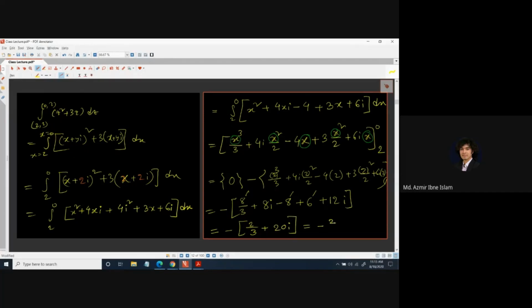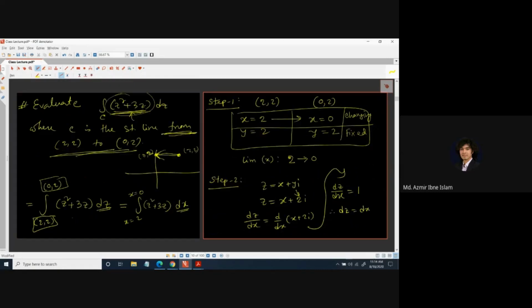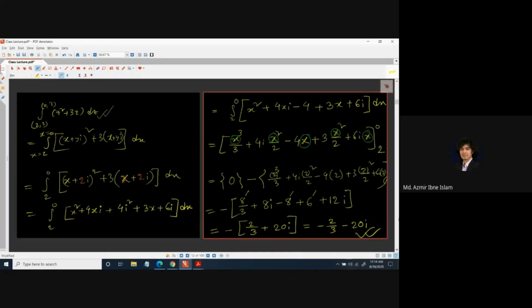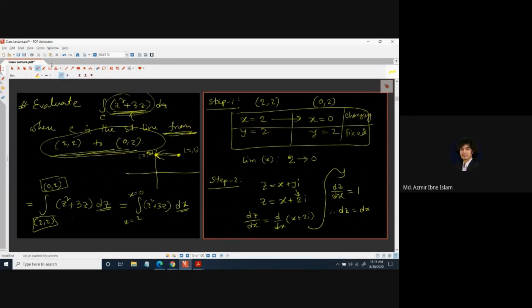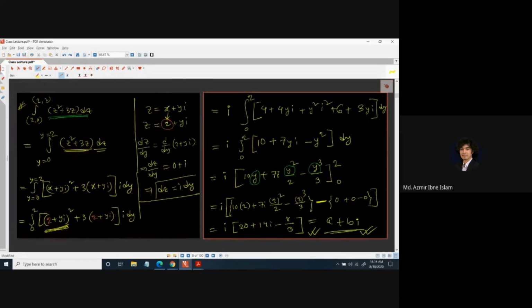So finally, negative 2 over 3, negative 20i, that is the result for this integral. So you can see that just for the change of the path, we have found a different result this time. For the same integral, previously we have done this one, but the path is different. We have found another result.